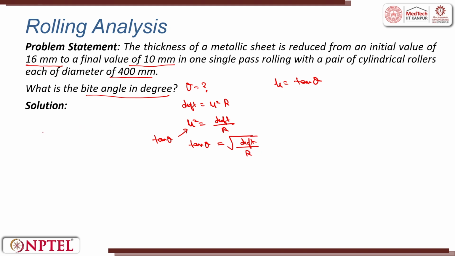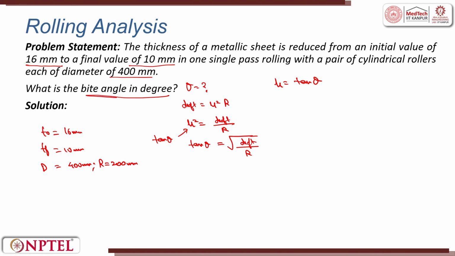Everything is given here, T naught, Tf, and diameter as 16 millimeters, 10 millimeters, and 400 millimeters respectively. With diameter as 400 millimeters, I can put the radius as 200 millimeters.